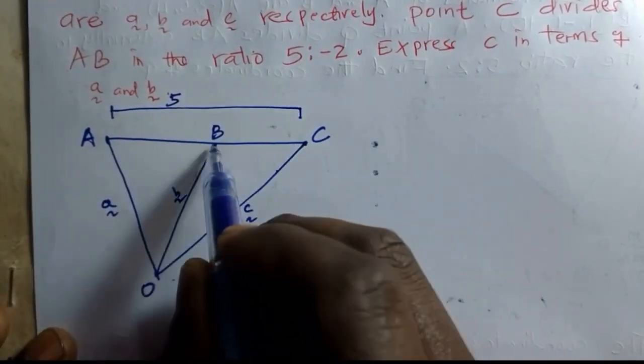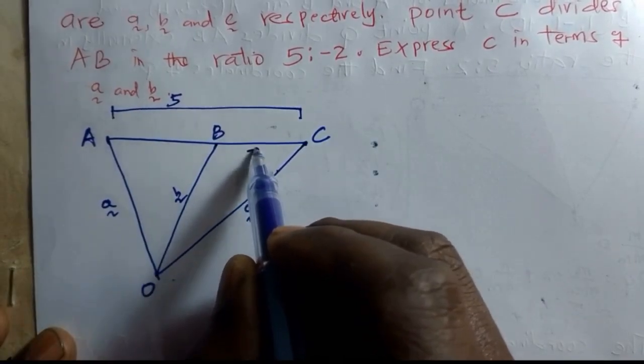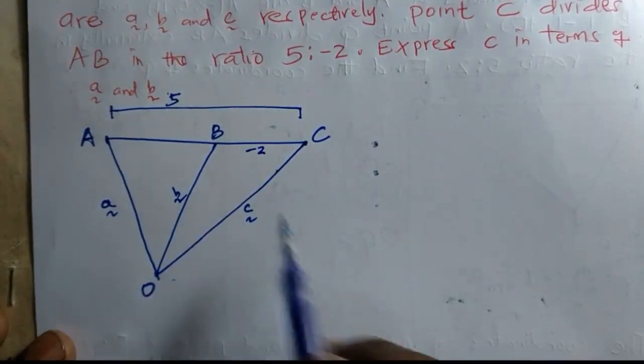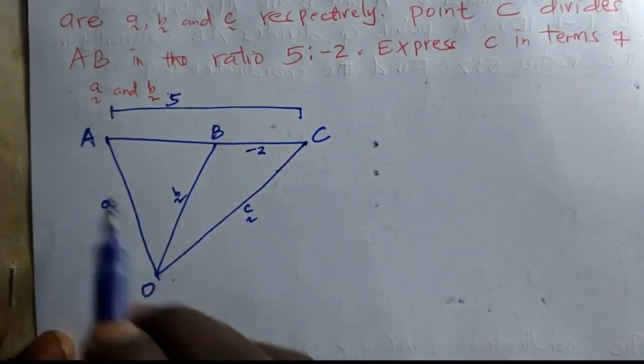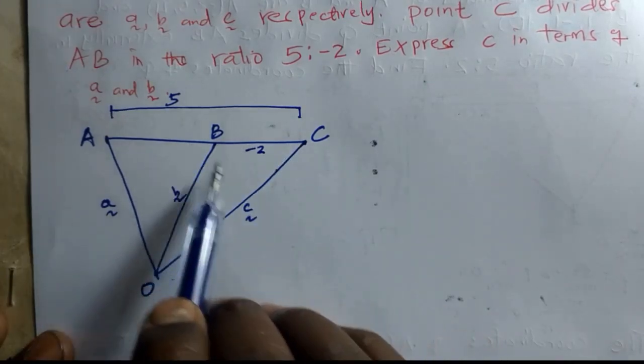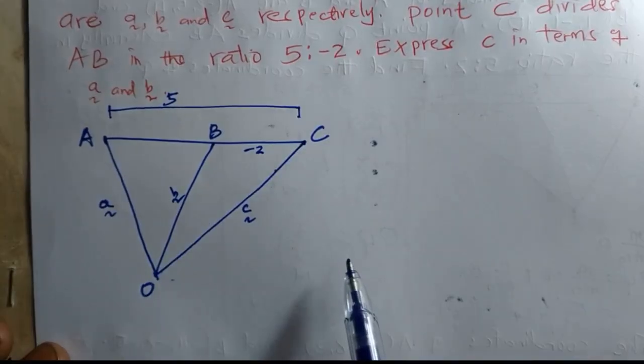From here to here, it is 2 units. That's why it is given -2, because it is going and then coming back. If this is positive, this coming back is negative. That's why we have -2, and that is external division.